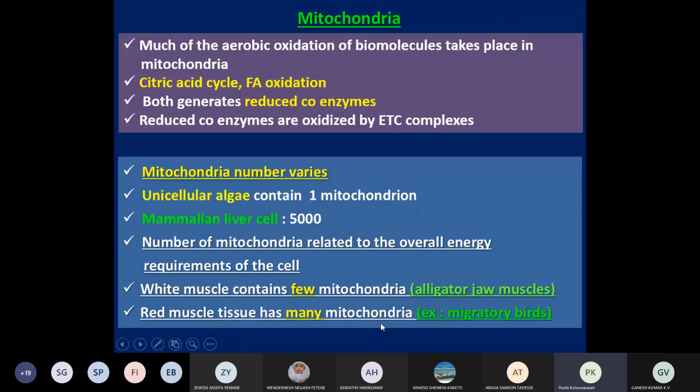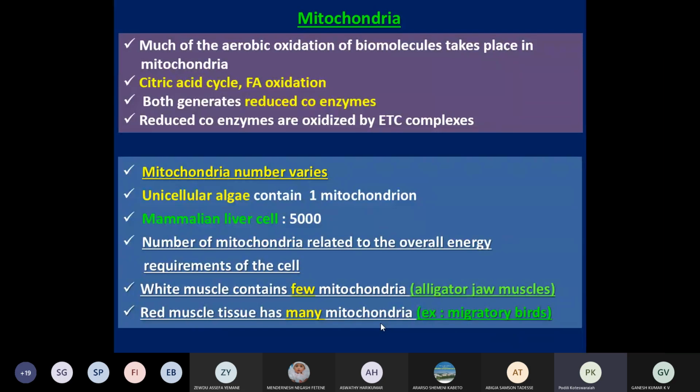Since this process takes place in the mitochondria, we need to understand the details of the mitochondria. Mitochondria is the storehouse of energy, as we know, and it has many enzymes and reduced coenzymes present.